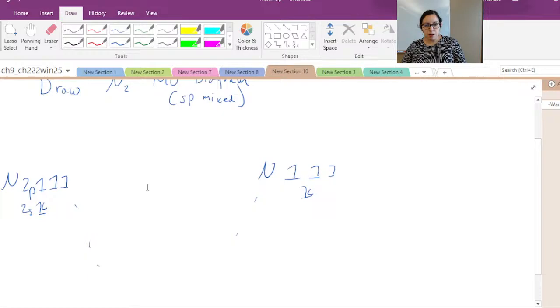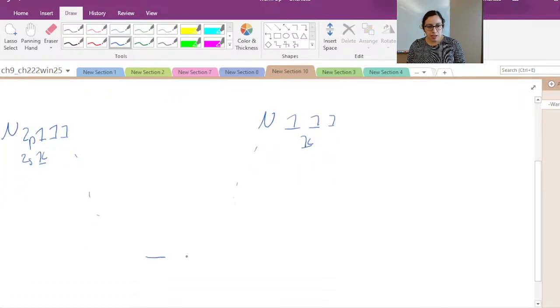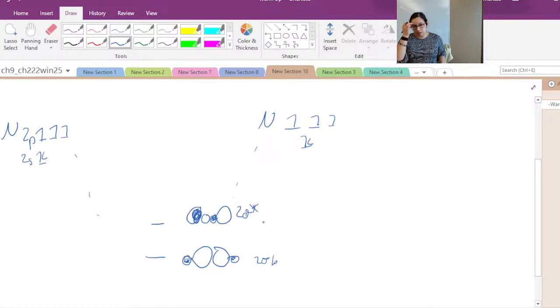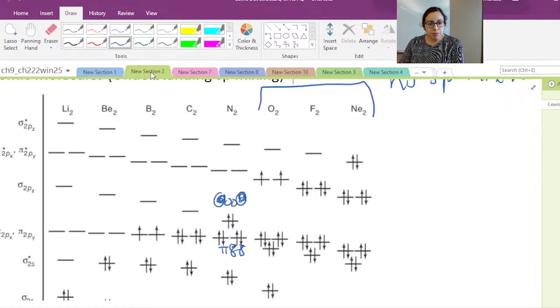If you can recall, we had mixed them to get that really favorable interaction with the electron density in the center from our sigma bonding. And then of course we had our anti-bonding combination, which we were able to at least minimize that anti-bonding interaction by having less electron density in the center from our sp mixing. And so that's formally anti-bonding. And then don't forget that's where we have our switch.